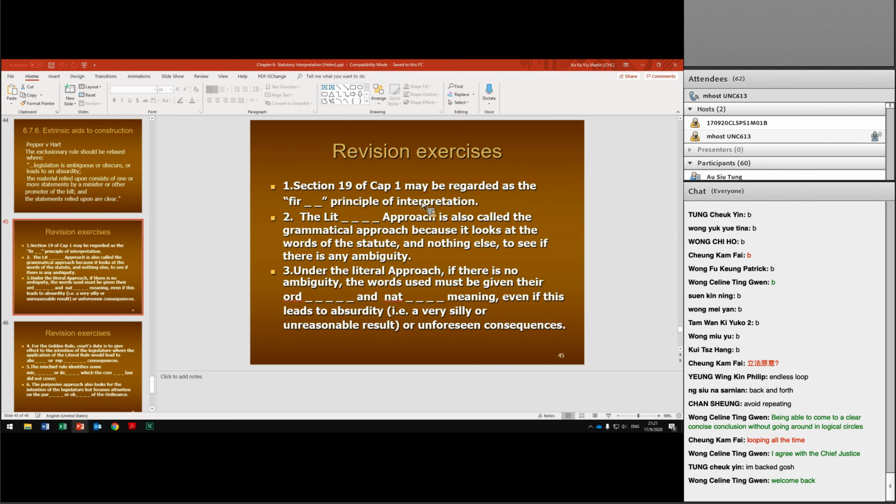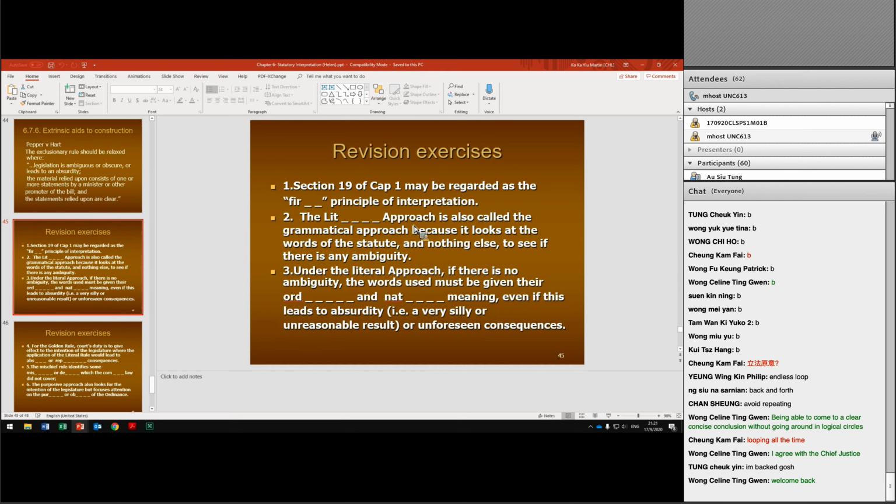Even though Section 19 may not be too useful, because the meaning is not so clear, you still have to mention Section 19 in your answer in the examination. Because for marking the answer, usually we will count how many points you have mentioned. So if you do not mention this point, you may lose 2 marks. So you have to mention this part.